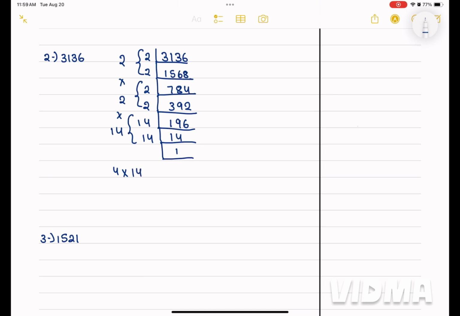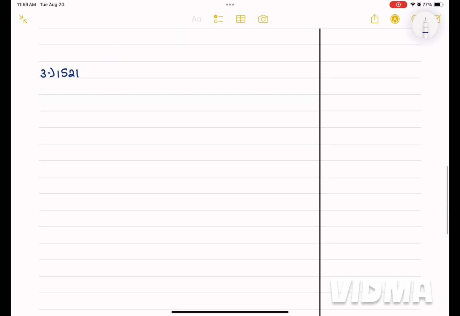So square root of 3136 equals 2 into 2 into 14. This is the right way of stating it: square root of 3136 equals 56. There you go.